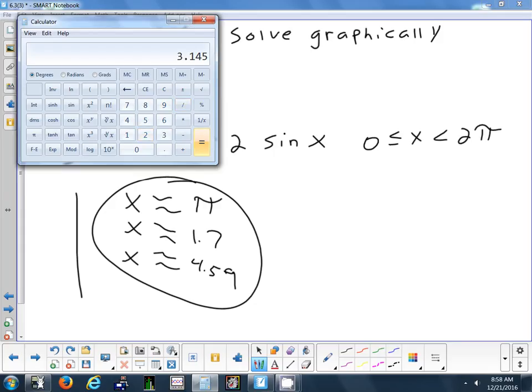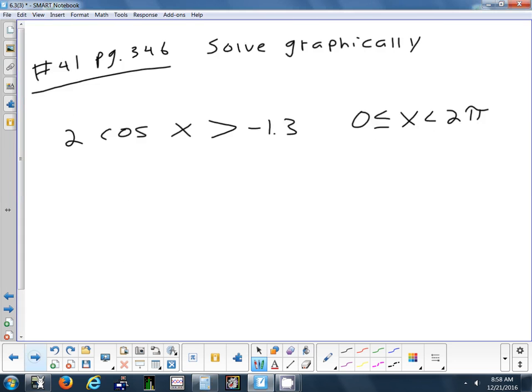So these two answers are evenly distributed around pi. The 1.7 is a function of 6, so I just grabbed it to 1.7. Yeah, yep, that's fine. All right, and the last one is an inequality.